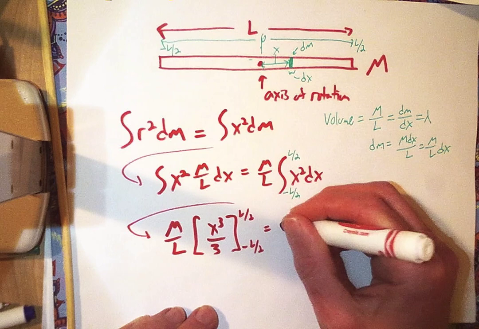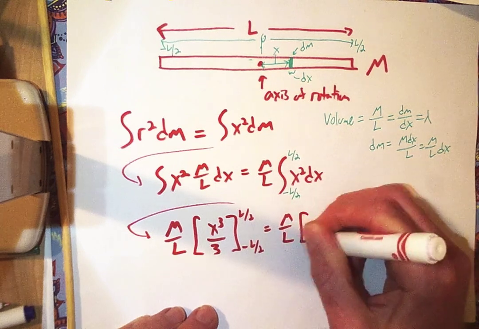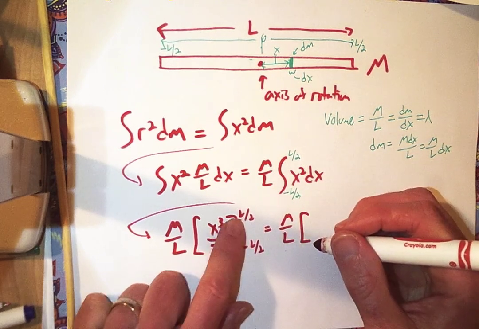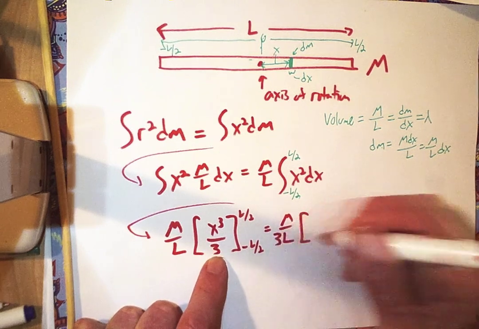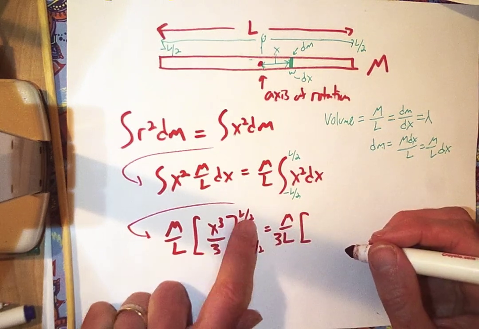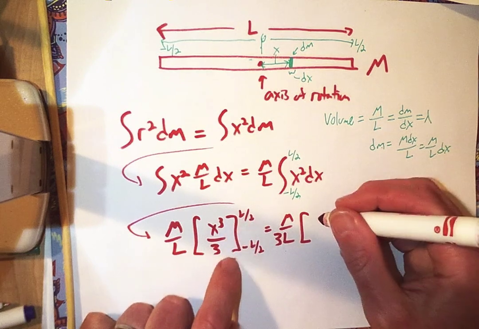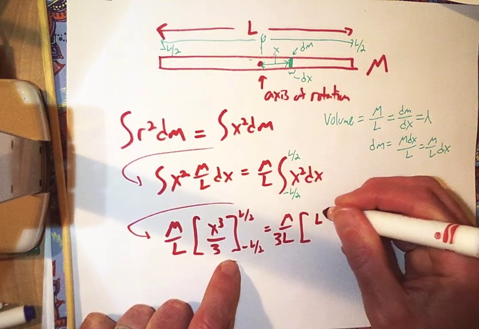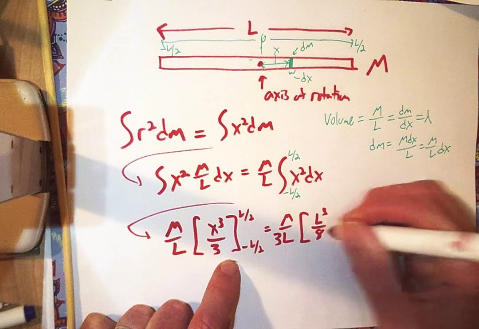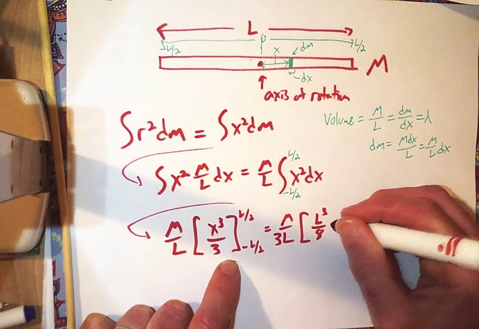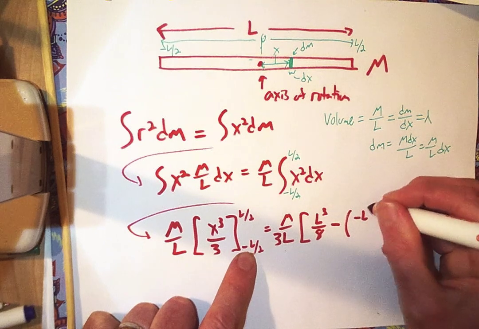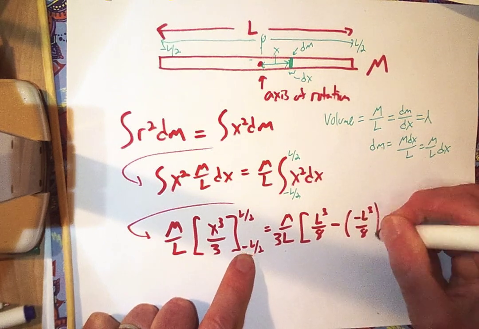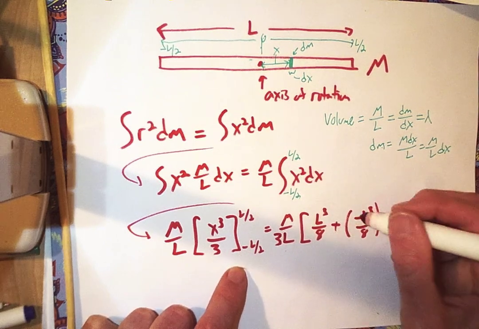So that's M over L times, let's see, bring the 3 out, one third. Now I've got L over 2 cubed, so that is L cubed over 8, minus this one down here, negative L cubed over 8, which is really just going to turn that into a plus. Oops.